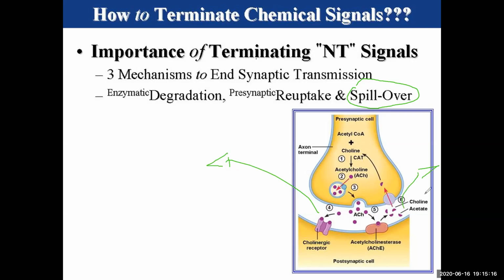If it spills out of the synapse, there's no receptor for it to affect anything. And so the neuroglia will pick up the neurotransmitter to cleanse the site. So once the neurotransmitter spills out of the synaptic cleft, the glial cells, the support cells, will pick them up.